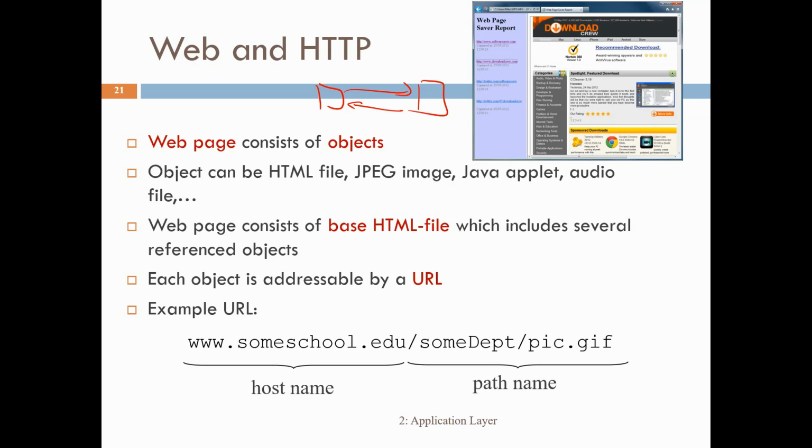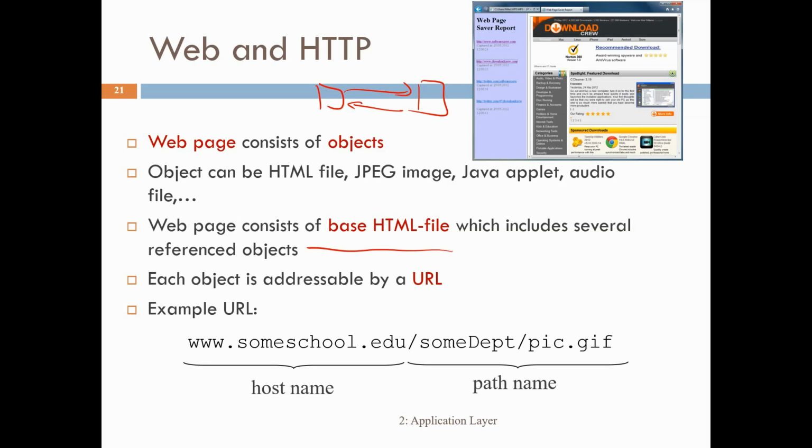And to understand how this works, we have to first investigate or examine what a web page consists of. A web page, such as the one you see in the slide, consists of objects. These objects can be HTML files, can be images, can be videos, and they are all arranged together in a certain way. The way the page is arranged is specified into what is called the base HTML file.